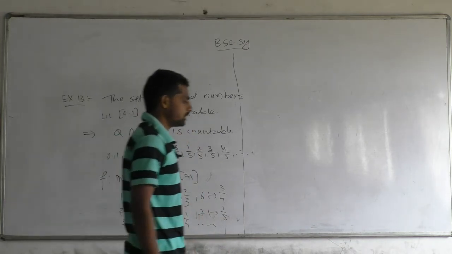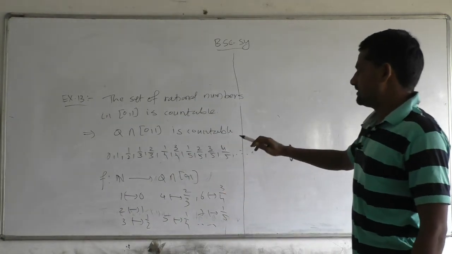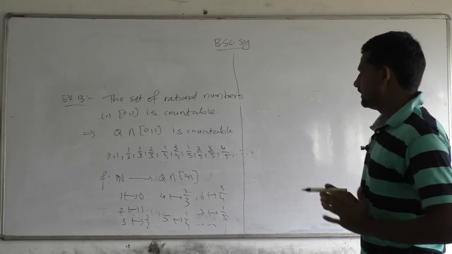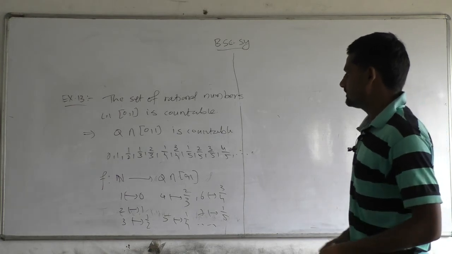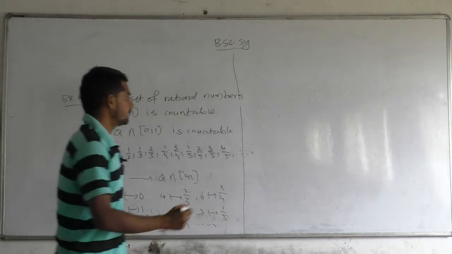So there is a 1-1 correspondence between the set of natural numbers and the rational numbers in the interval [0, 1]. Hence, the rational numbers in [0, 1] are countable.